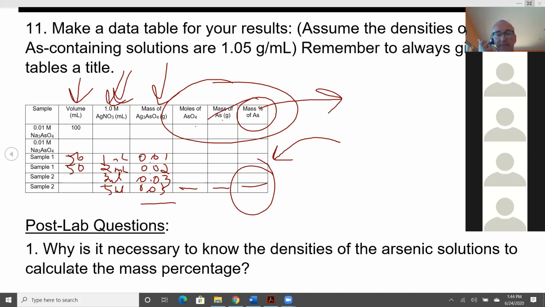The moles will be different, the mass will be different, but the mass percent will be the same. If you want, up to you.